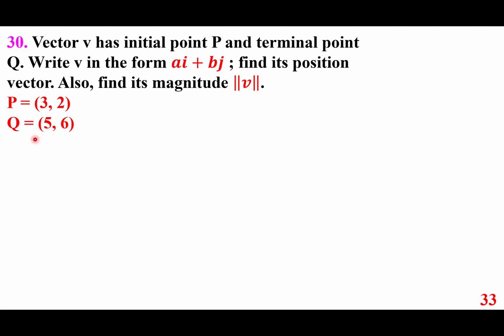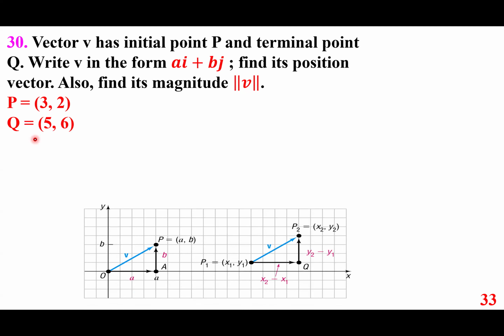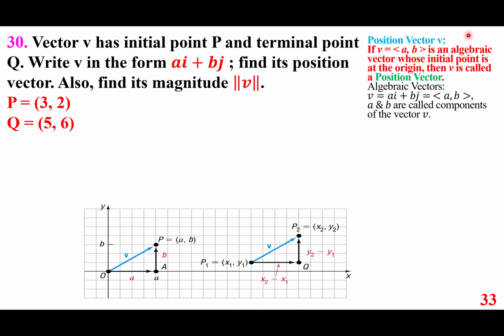So let's remind everybody of what's going on here. P has coordinates (a, b); this is the initial side, this is the terminal side. A few things we want to discuss. Number one, position vector.